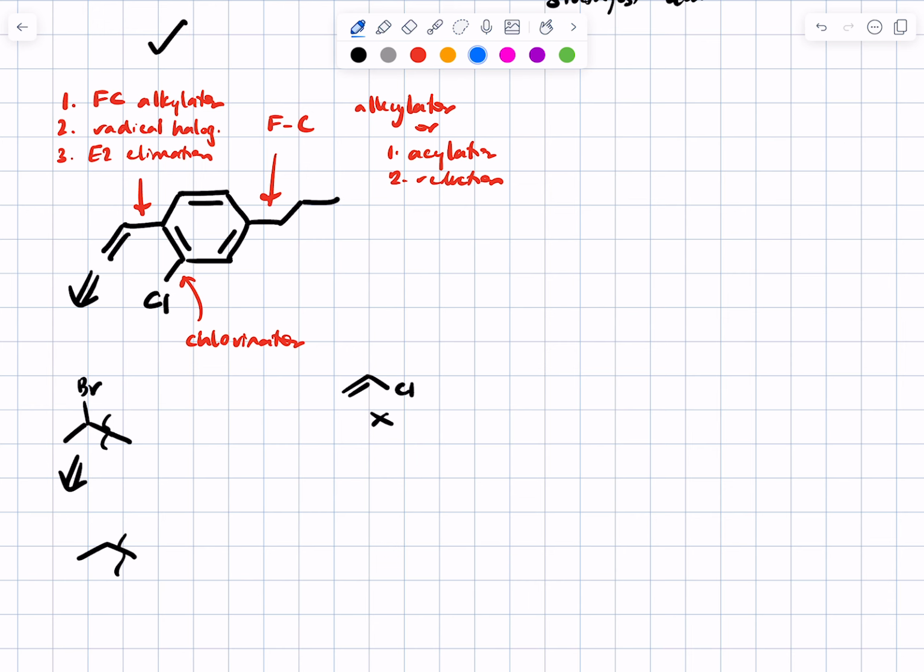Now let's take care of the spacing between the groups. These two are meta, these two are ortho, these two are para. So at some point, we're going to need to either get the chloro meta to this group, or we'll need to have these two groups present and trust that one will be more powerful than the chloro.